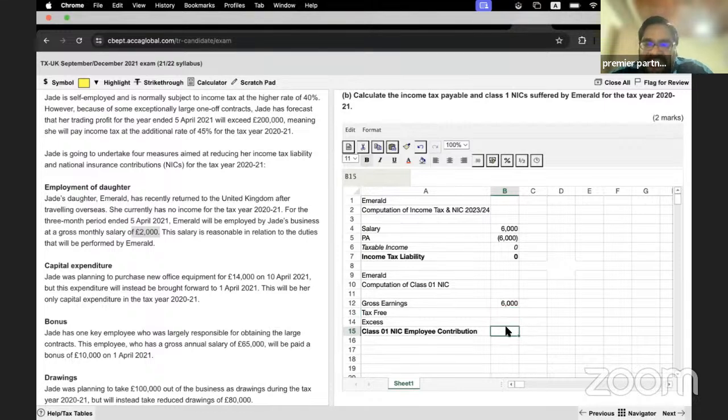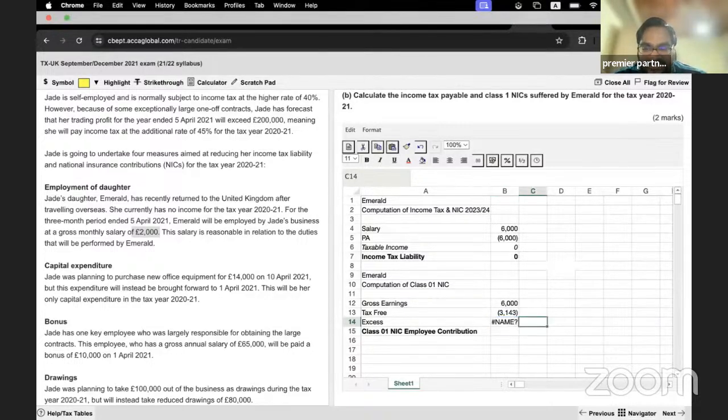If that is the case, what we are going to do is, yes, we will have to time apportion, correct. 12,570 divided by 12 into 3 months, which is 3,143.